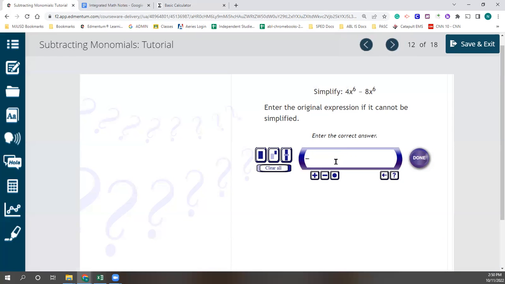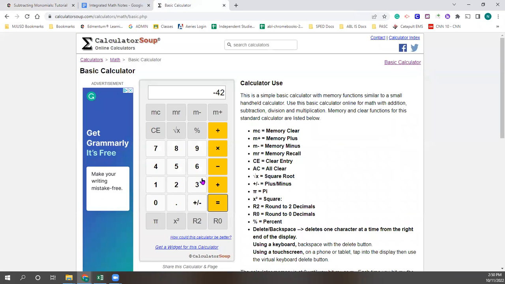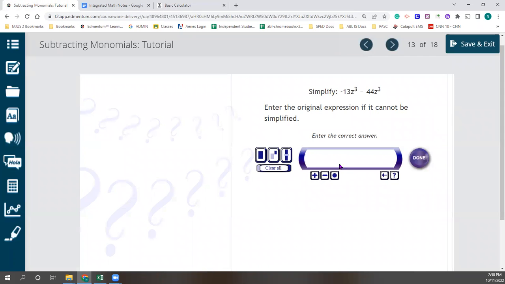This is negative 4x^6. More practice doesn't hurt, right? Done. Negative 13 minus 44 equals negative 57. Negative 57v exponent 3.